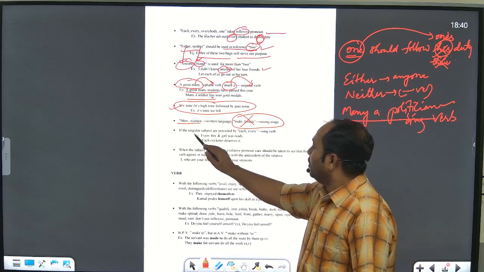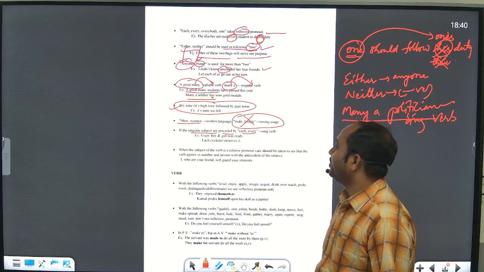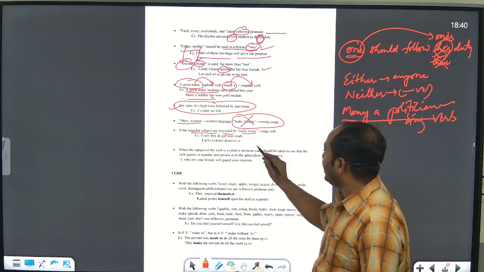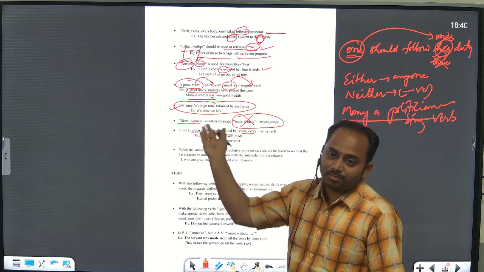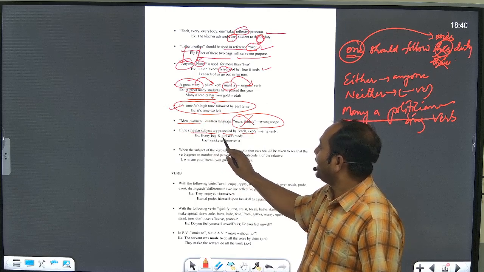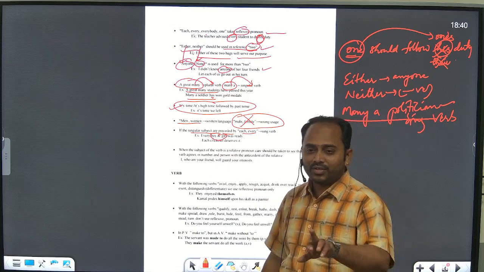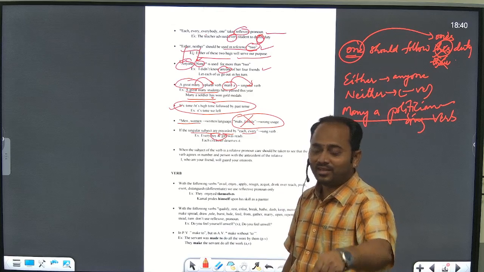Next, if the singular subjects are preceded by each and every, preceded means as we discussed before, each boy or every boy and girl. Here boy and girl both words are there, but we should not consider that as a plural. Why?